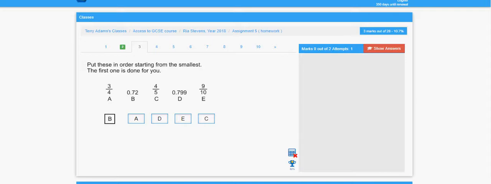Okay, so 3/4 is B. So what we've got here is decimals and fractions. Okay, so what I'm going to do now is explain to you how fractions, decimals and percentages are all linked.